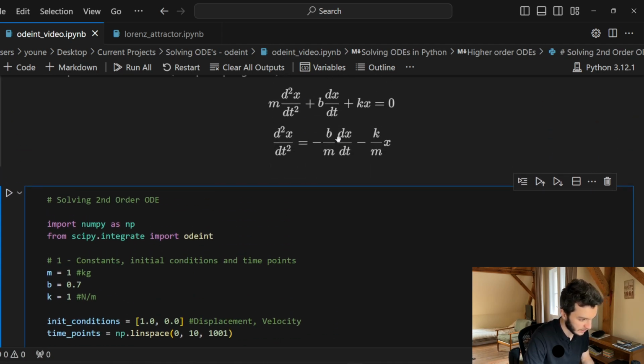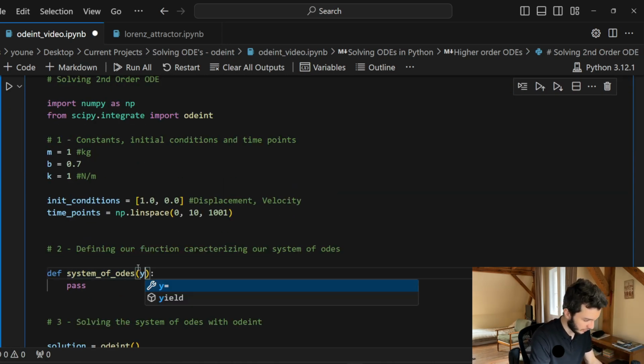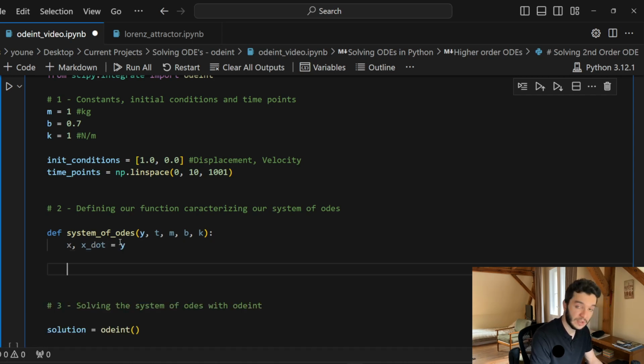Now you can see here that we have a vector x dot, and then k, m, and b. So we specify here our vector y, our time points, and then some constants which are m, and then b, and then k. We extract the values from this vector y here. So this will be, for example, x and x dot is equal to y. And then we compute x dot dot.